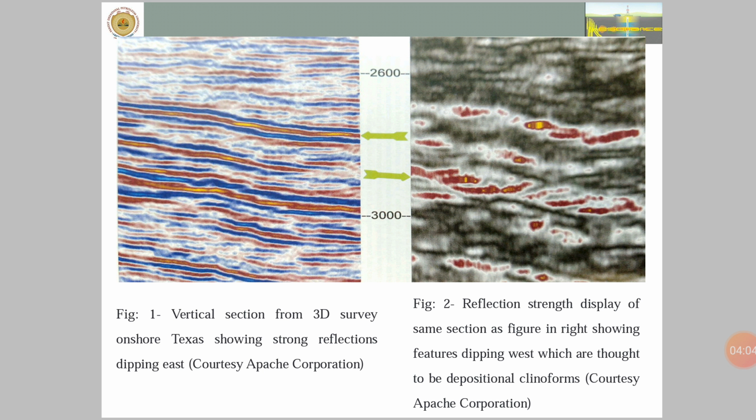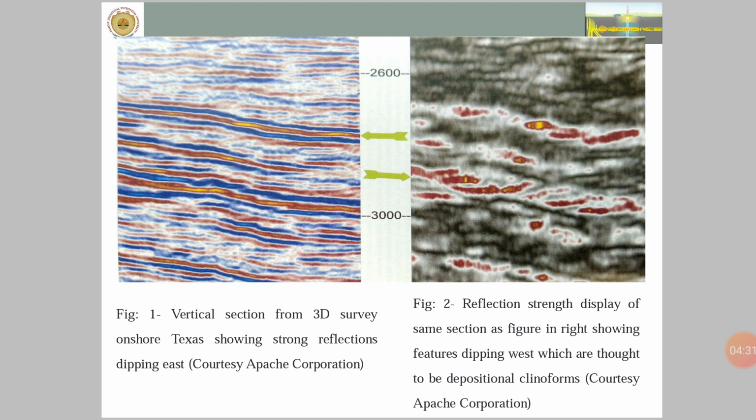Then we will be able to make a good cube which has strong inlines and cross lines. Now the vertical section from the 3D survey is converted on the right to a reflection strength display of the same section, and we can see features dipping west which are thought to be depositional clinoforms.